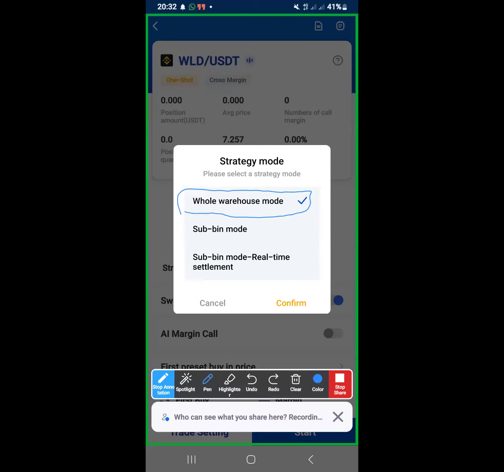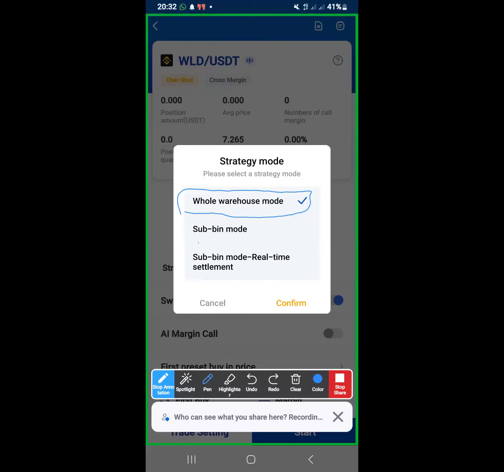You may decide not to sell all. You can say, I'm going to sell maybe 50% or 20% or 75%. Or if you want to sell all the coins at that floating profit, you just tap on 100% and then you confirm. You get that? That is what exactly happens.